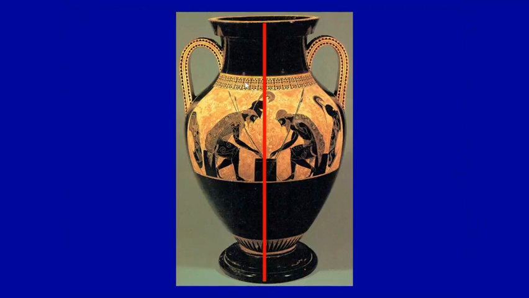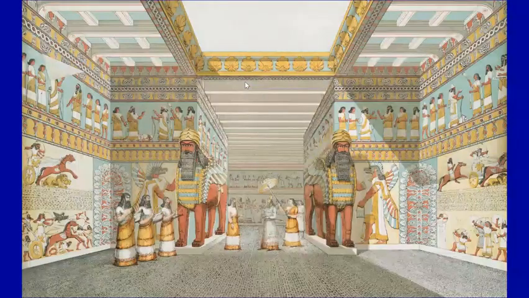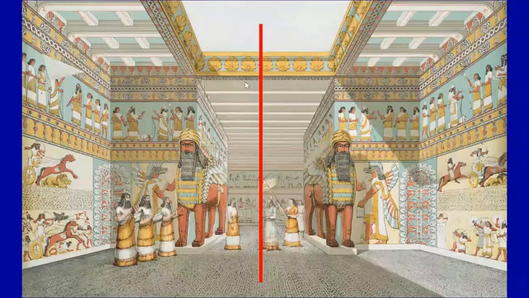This one is also a little bit asymmetrical, where Achilles is wearing the helmet but Ajax is not. When I was going through all the artwork of the first semester, there's so much of it that is asymmetrical.